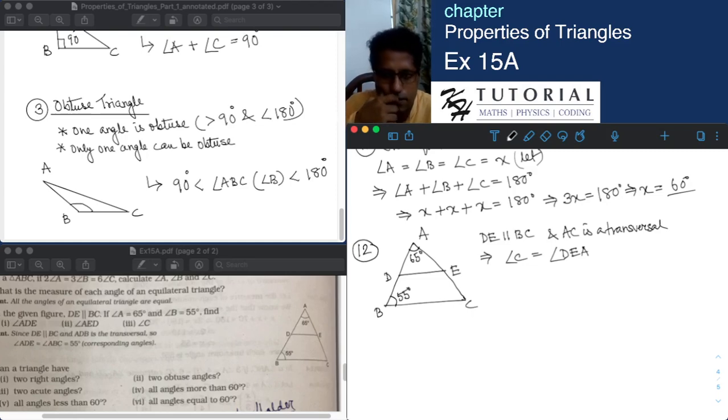It has found ADE. It has asked to find the angle ADE and AED.